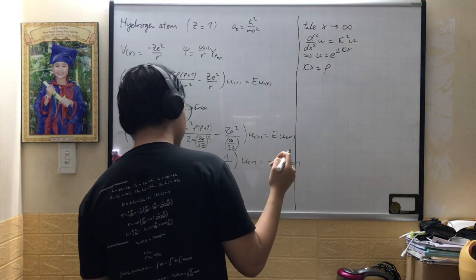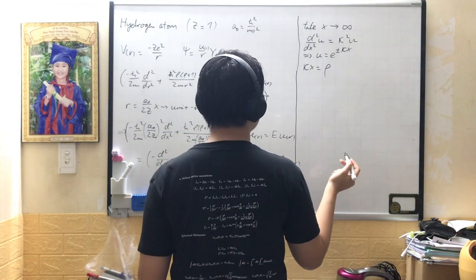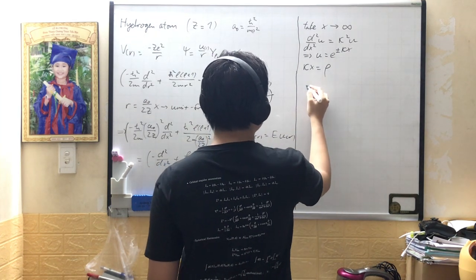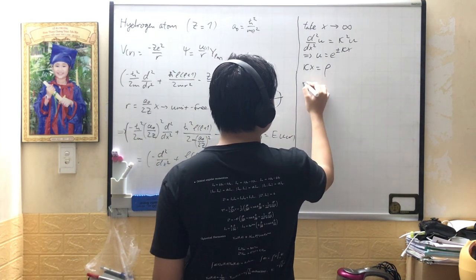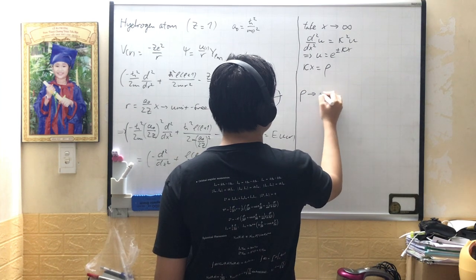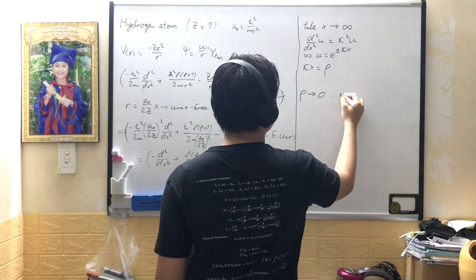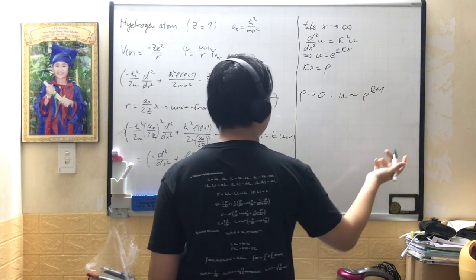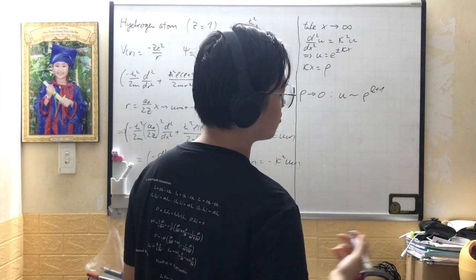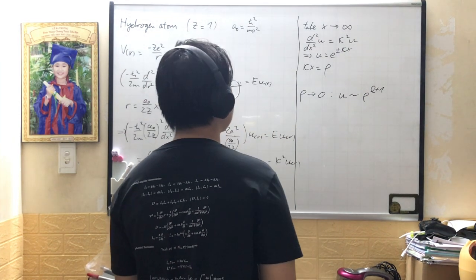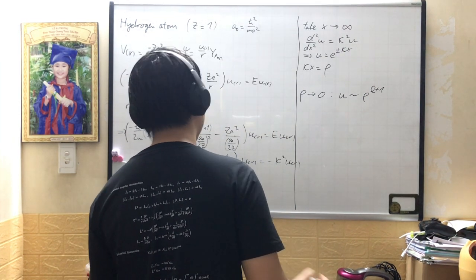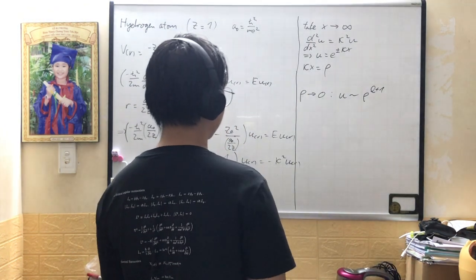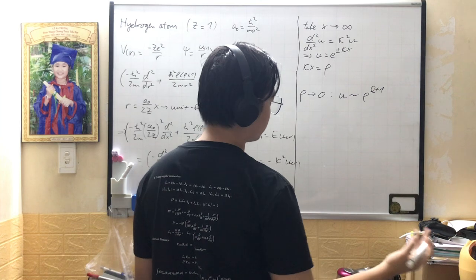With rho, now we take rho to go to 0 and see our behavior at the origin. Rho now goes to 0, therefore your u has to be something of rho to the L plus 1 to ensure that it is equal to 0 at the origin. So what we have here is e to the minus rho, and this is what we need, rho to the L plus 1.